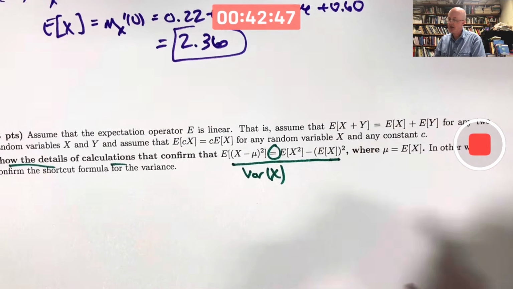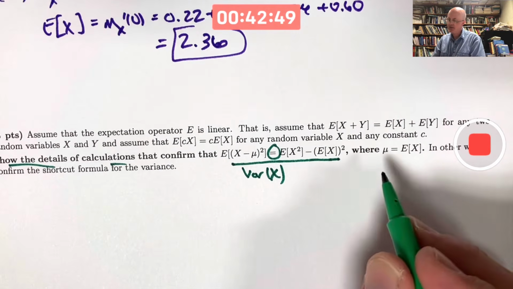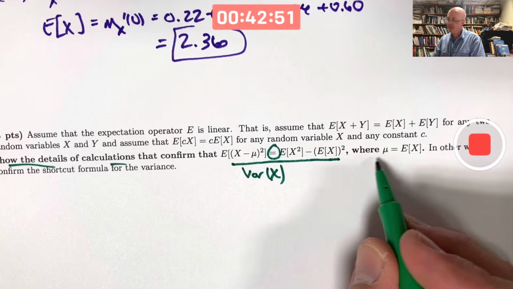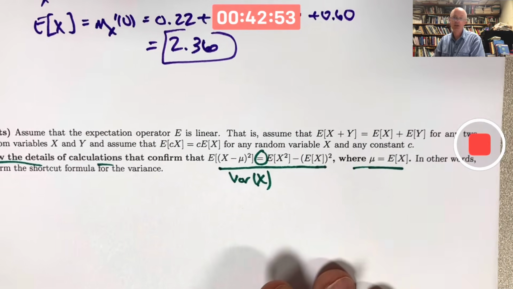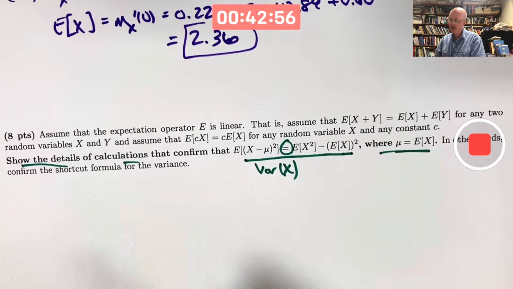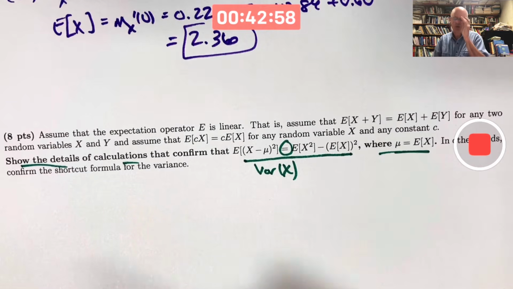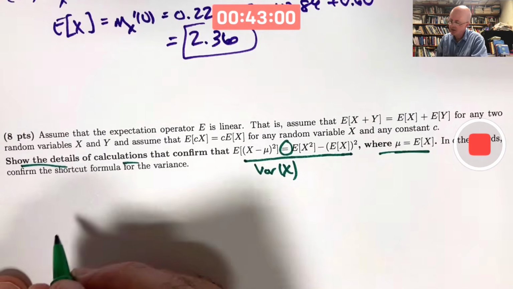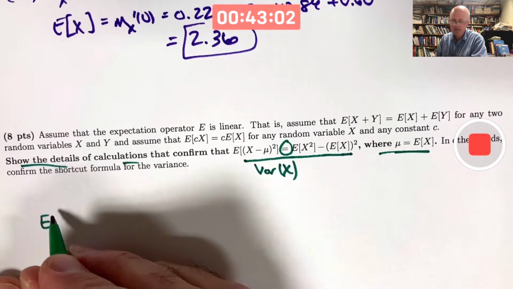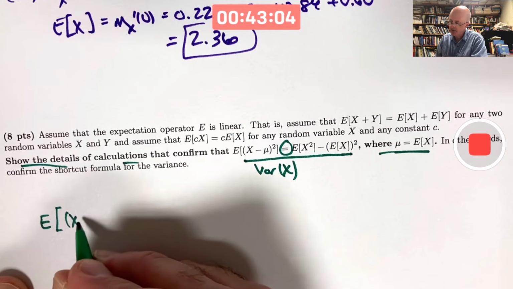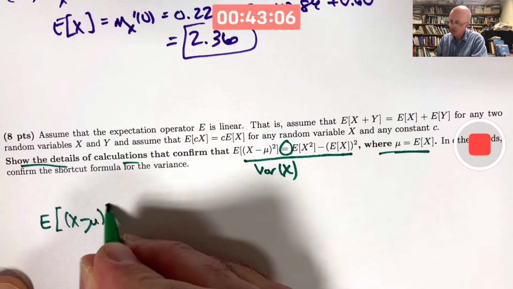Where does this equality come from is the key. You need to also remember that these symbols are interchangeable. That's key to getting the final answer. It's just a matter of expansion and properties of the expectation operator. So I take the expected value of the random variable X minus its mean squared.